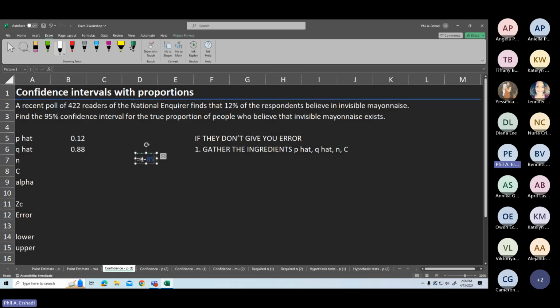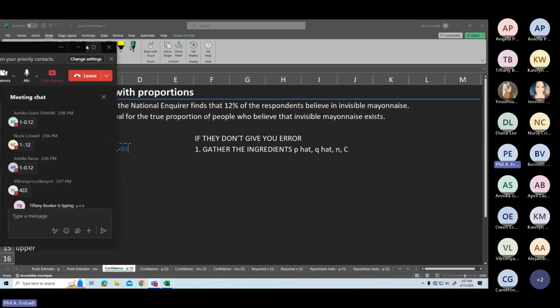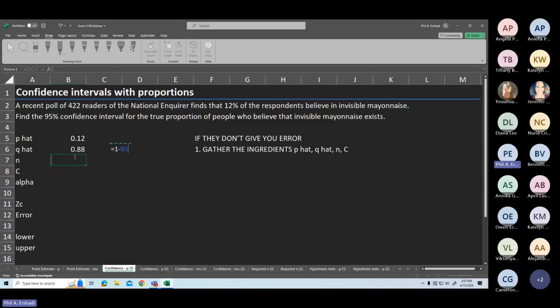And then what is my n here? 422. Very good. And the confidence, of course, is 95%, 0.95.